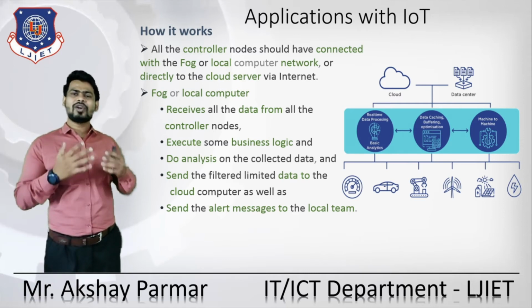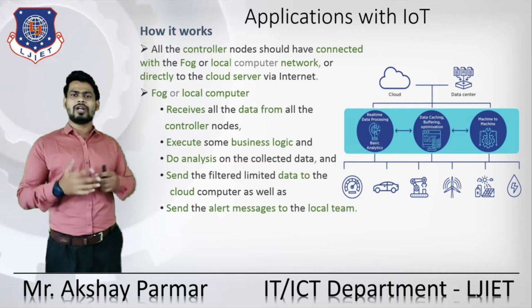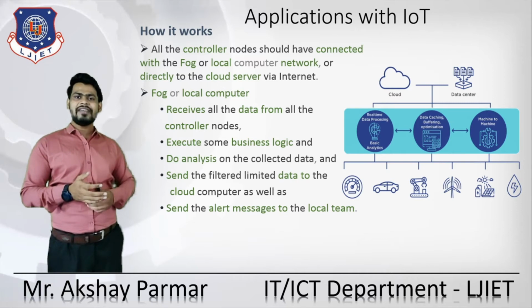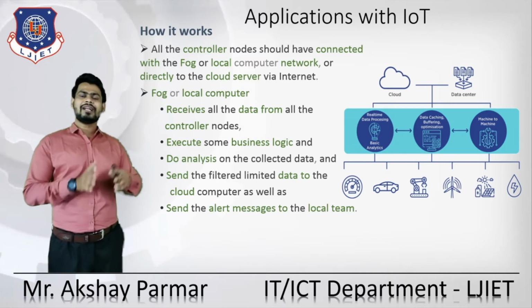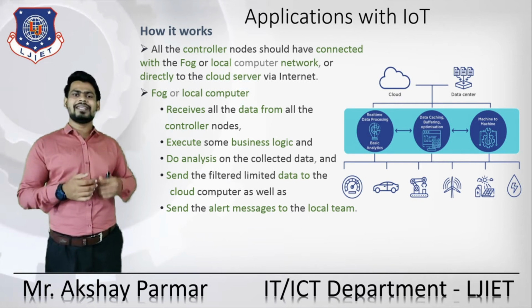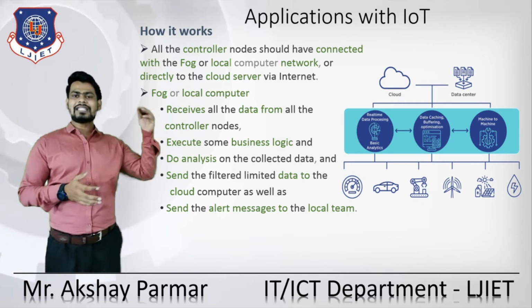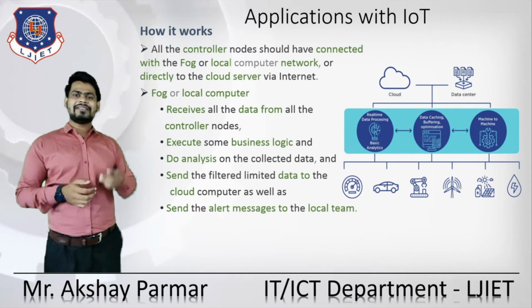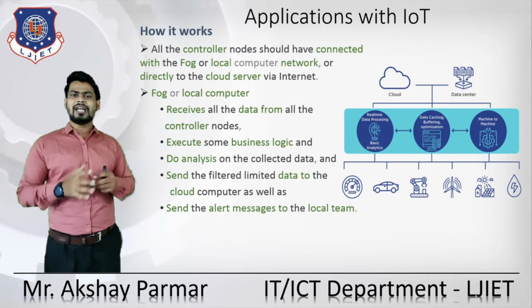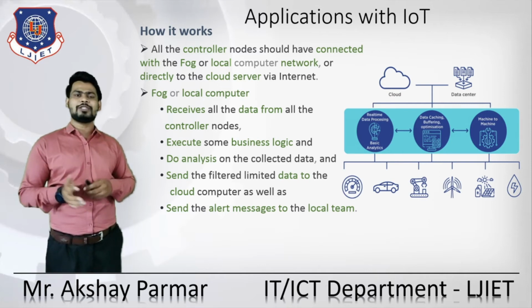So let's see what the role of a fog or local computer is. The fog or local computer receives all the data from the controller nodes, and the controller nodes get the information with the help of the sensed data. After receiving that data, the local computer executes some business logic with respect to our application requirement.